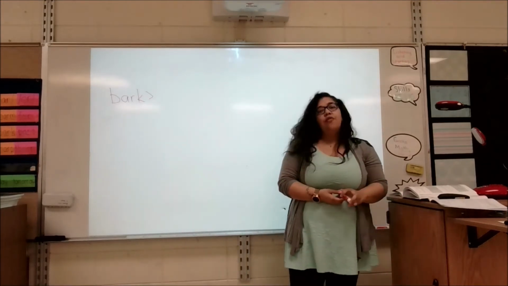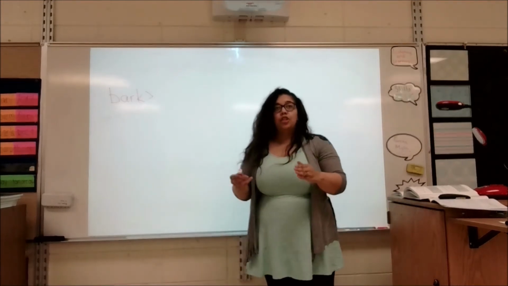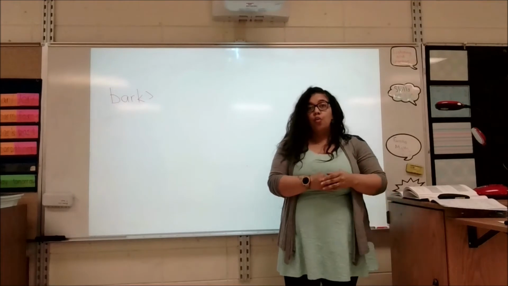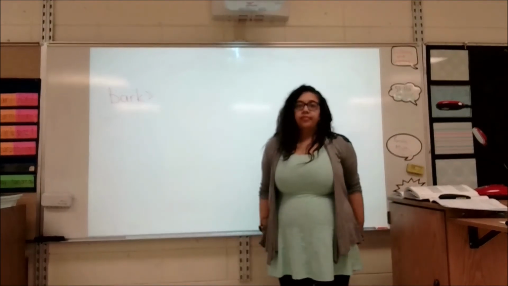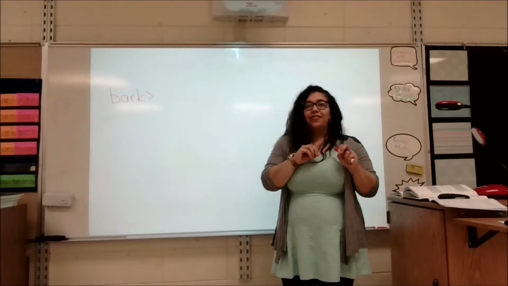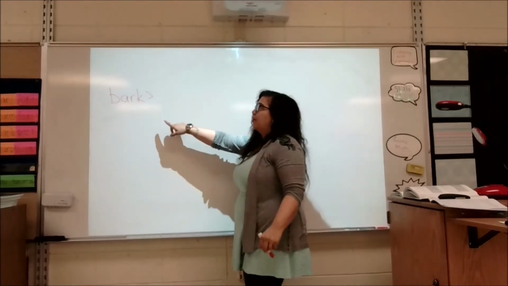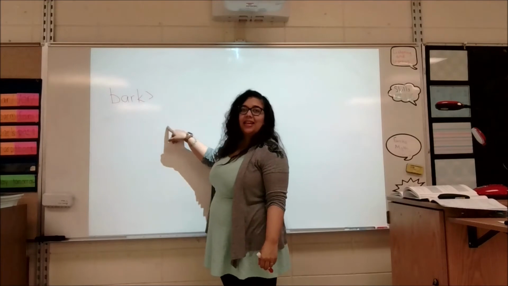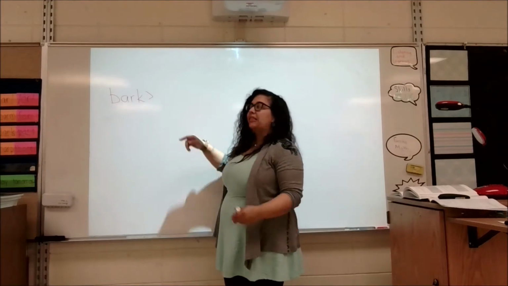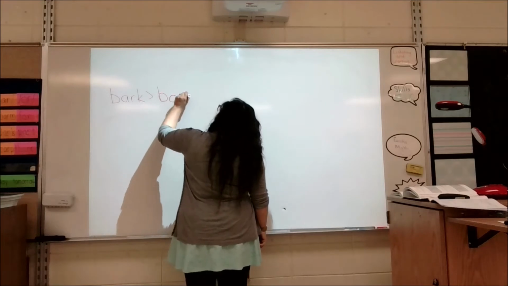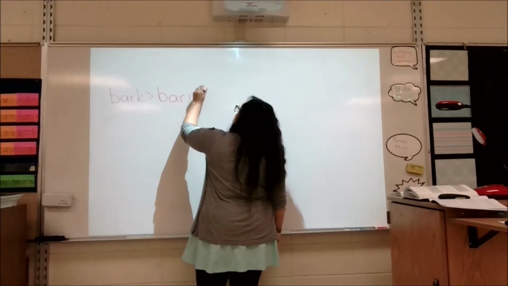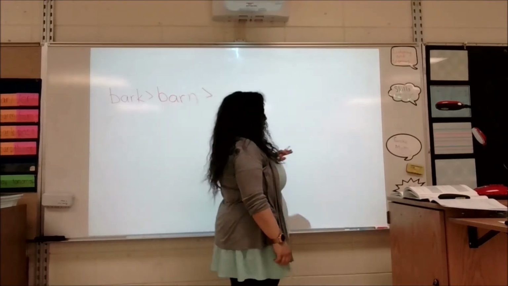Now, to go from bark to barn, what change do I need to make? The final sound. Excellent. I'm going from k at the end to n at the end. From bark to barn. Bark to barn. Good.